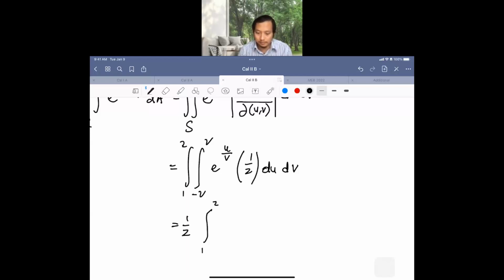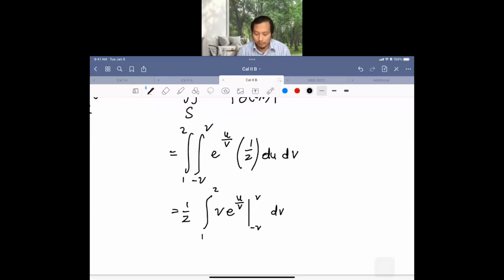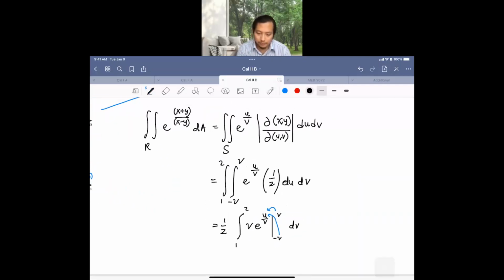This will be phi e^(u/phi), if you integrate, and then this will be from negative phi to phi, dphi. So substitute to u.